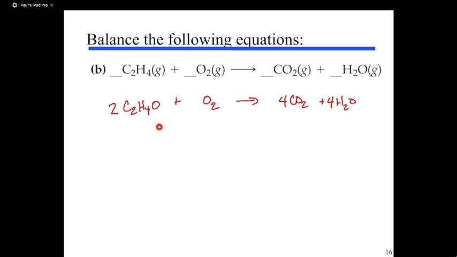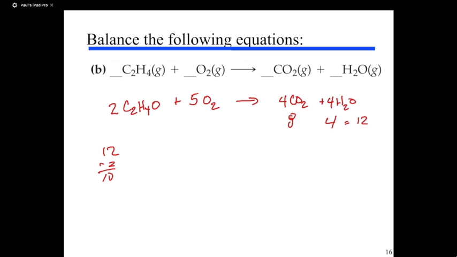I have 4 oxygens on this side. On this side, I have how many oxygens? 8. There. And then how many oxygens here? 4 equals 12. 12 on this side. How many oxygens here again? 2. Minus 2, I got 10. What can I put here to make it 10? 5.